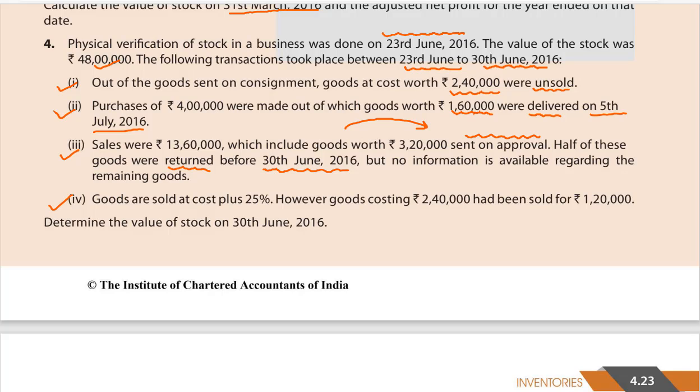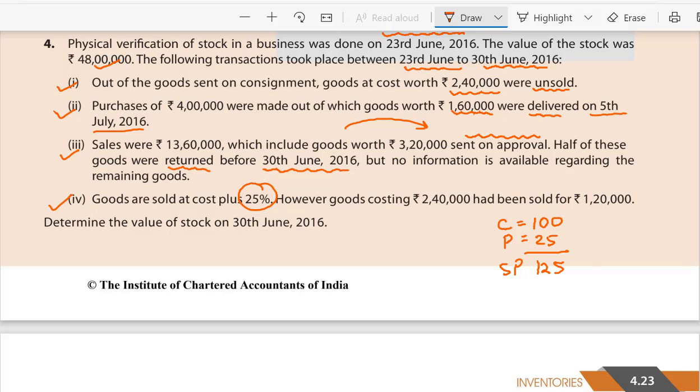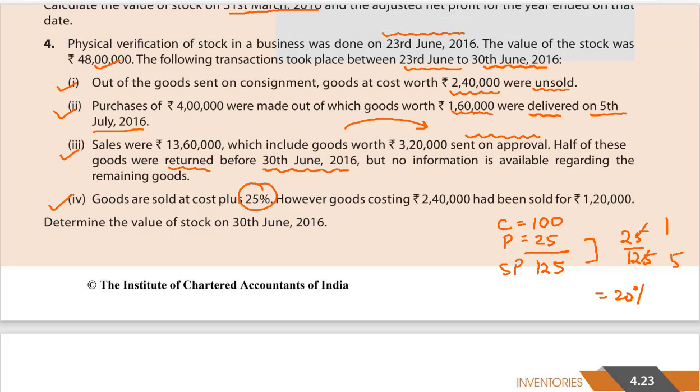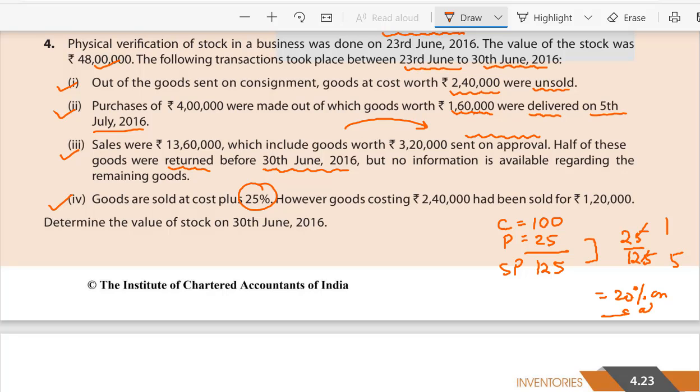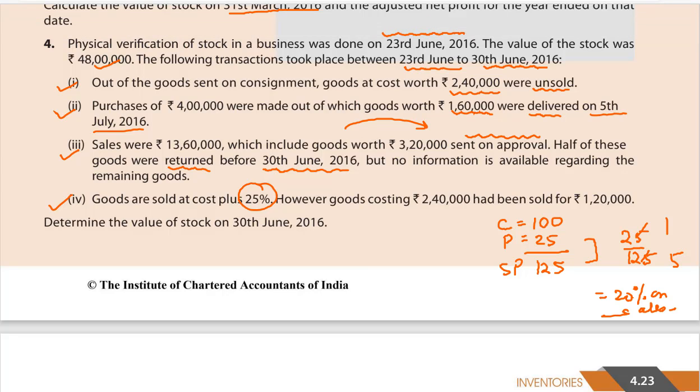Point number 4. Goods are sold at cost plus 25%. So cost 100, profit 25%, selling price 125. If I talk about sales, 25 upon 125, which is 1 by 5, that is 20% on sales.